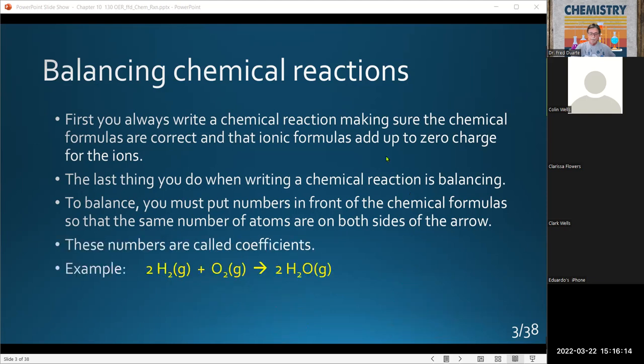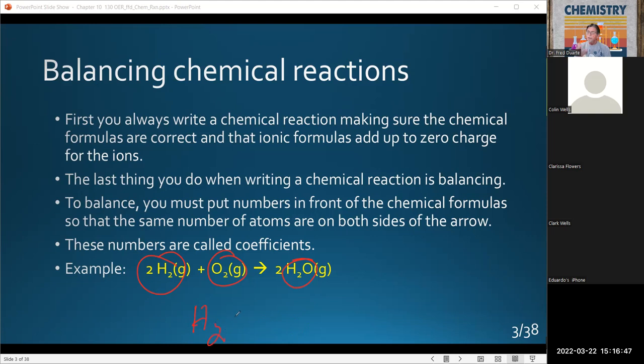Okay, for example, here's a reaction that could be given in words, but I'm giving it to you in formula. It could say something like this: hydrogen in the presence of oxygen reacts to form water. So you would take hydrogen, realizing that hydrogen gas is diatomic, so I would put H2.